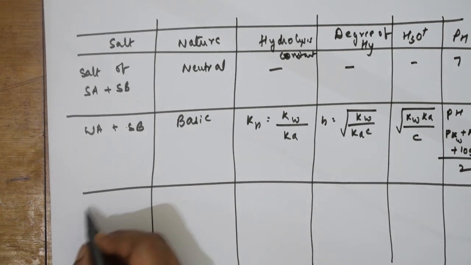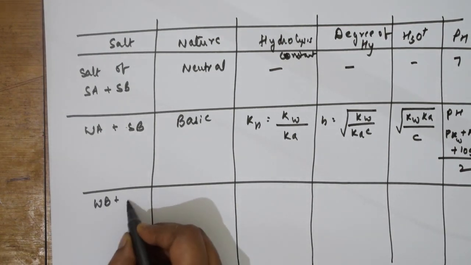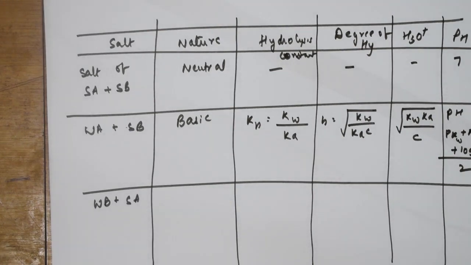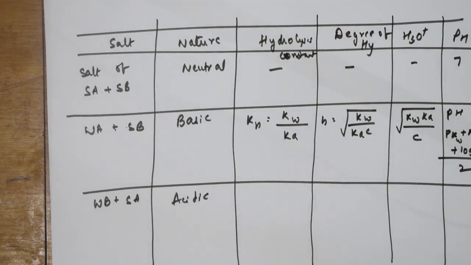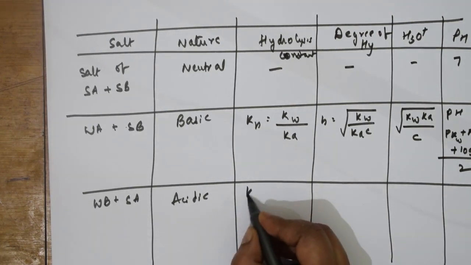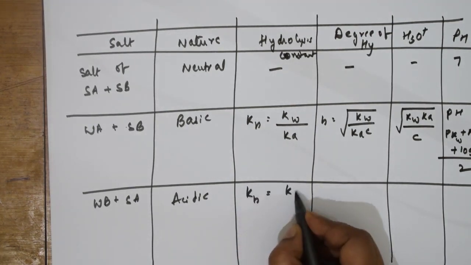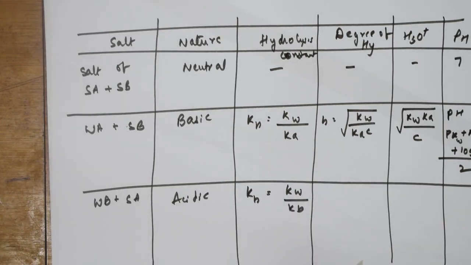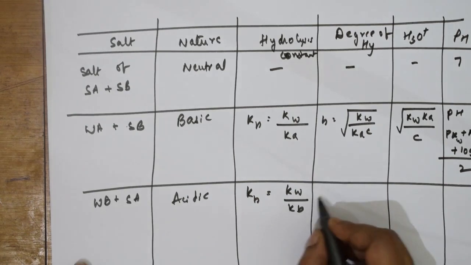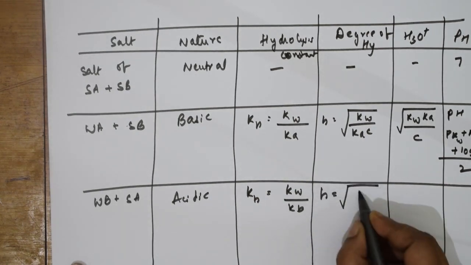Next combination is weak base plus strong acid. What is the combination here? Calcium chloride, aluminium chloride, copper sulfate, ammonium chloride, and all this. Because it is a strong acid, the nature would be acidic. Here the formula of hydrolysis constant Kh is equal to Kw by Kb, the same thing.